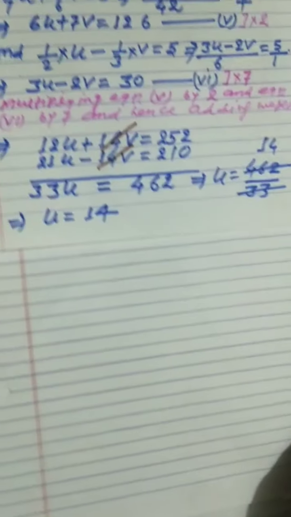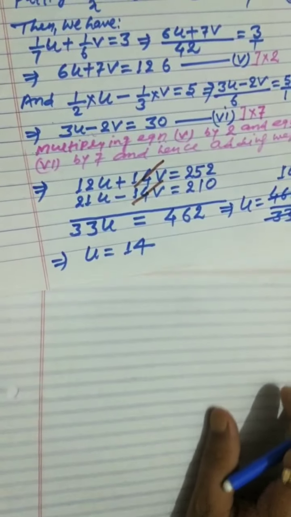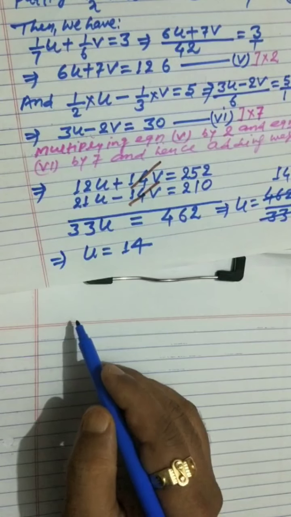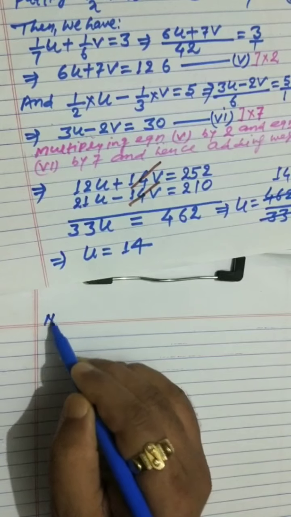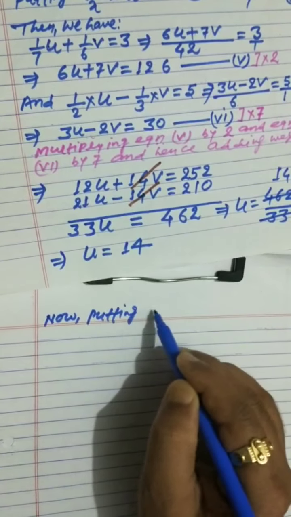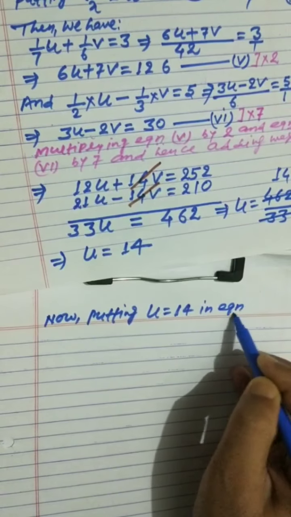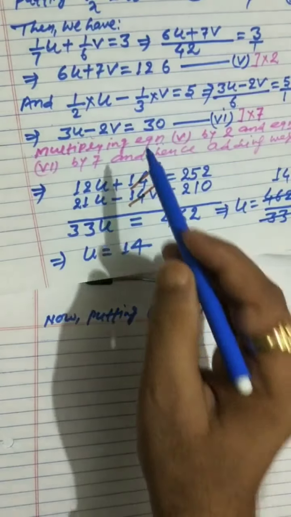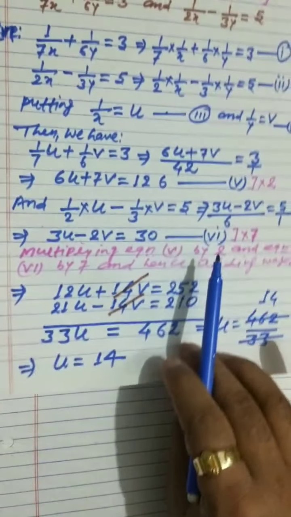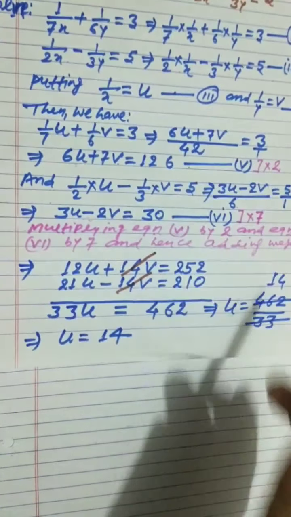I have to turn the page, so let us see from here. Now put the value of u equal to 14 in equation 5th, and your equation 5th is 6u plus 7v is equal to 126.